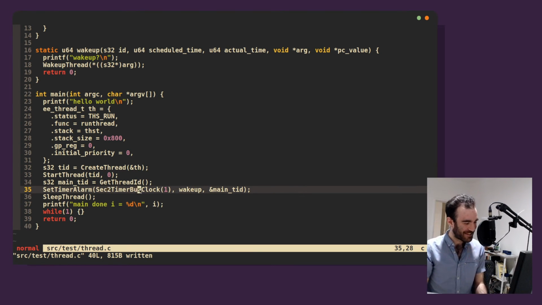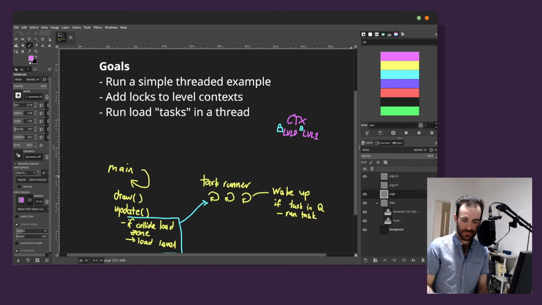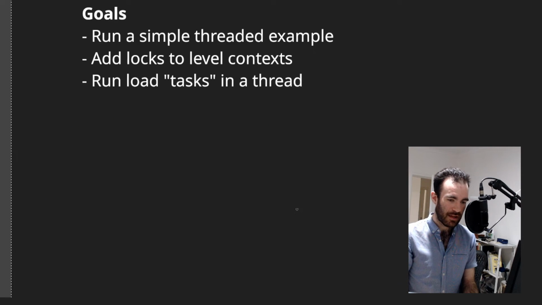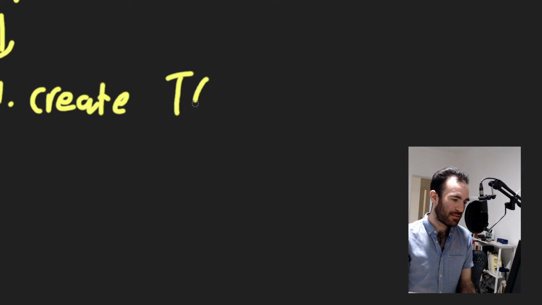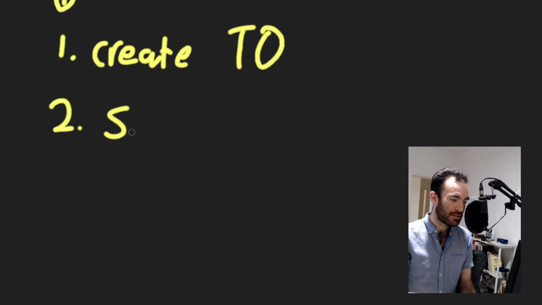Cool. Okay, so here's where we're at. We have a thread, and this is our main thread. We make a thread called T0, and then we set an alarm.